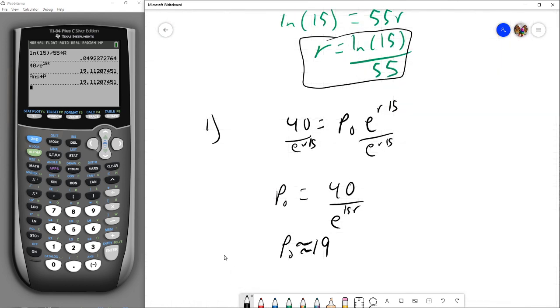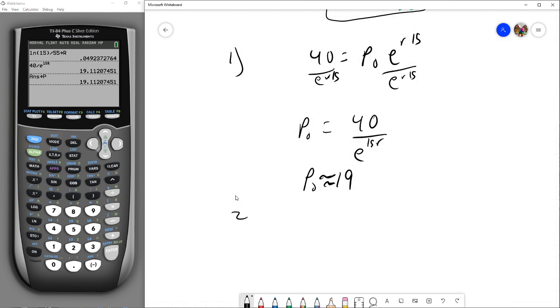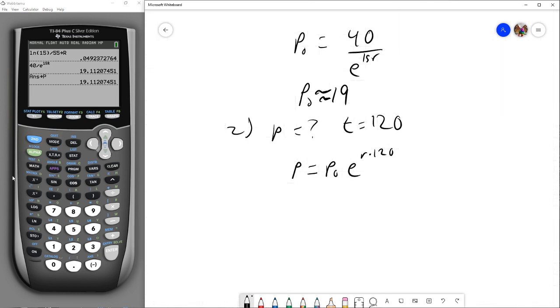So now we can set up our equation. In this case, we're looking for what P equals at t equals 120. And to do that, we can just say P has to equal our P naught value times e to the r times 120. We know what P naught and r are, so we can just plug this all in.